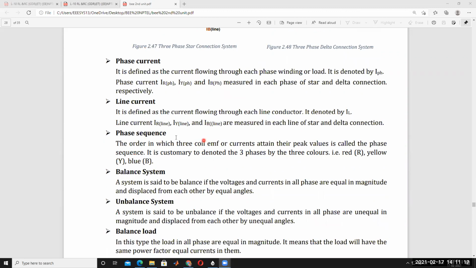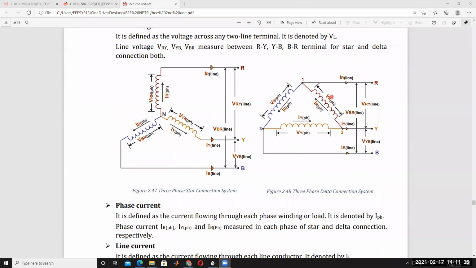And phase sequence: the order in which the three coil EMFs or currents attain their peak values is called the phase sequence. Generally, if you take the clockwise direction, it goes R, Y, B. That is why it is called RYB phase sequence.